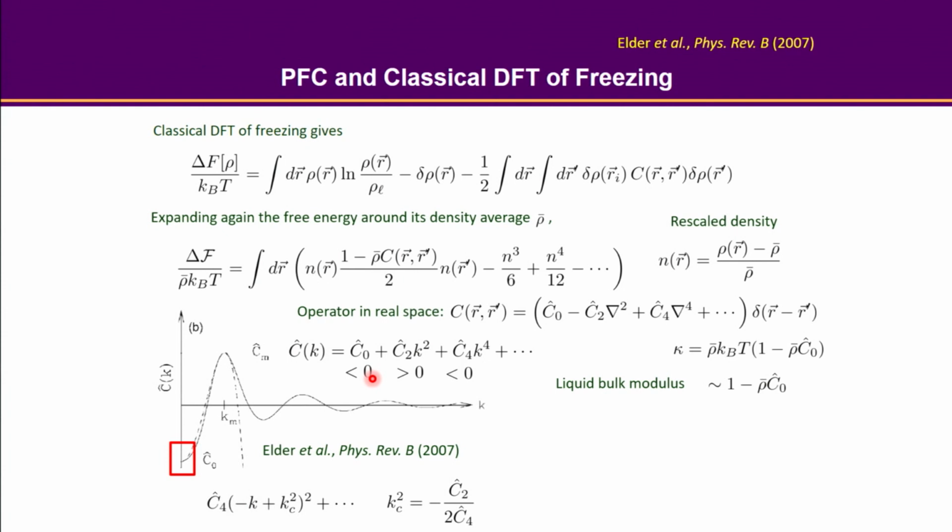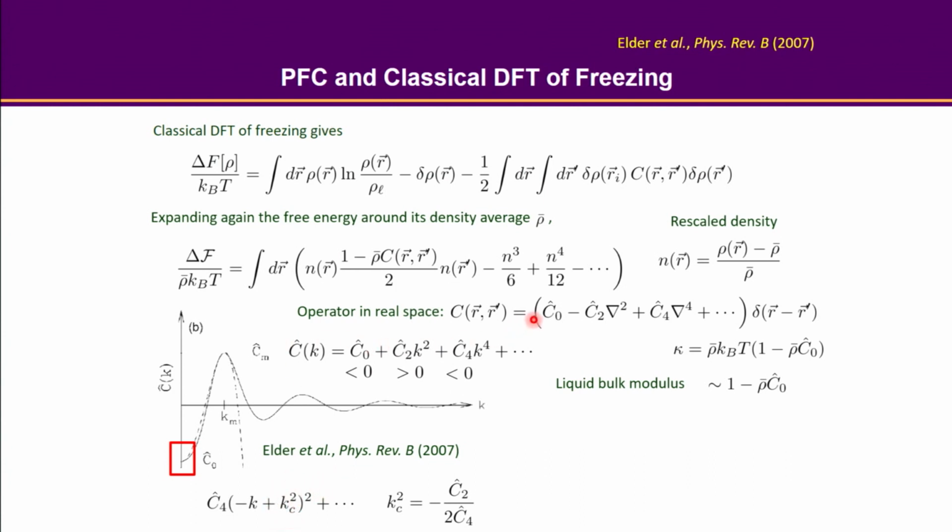the bulk modulus of a liquid, then from this kernel, I can pull out this C4 factor and try to complete the square of this C of k. So you end up with this C4 times something like k minus kc, the whole thing squared, which is similar to the kernel we have seen in the phase field crystal. But doing that, basically what we are seeing is the system tends to have a minimized energy when the density wave has the wave number corresponding to kc.